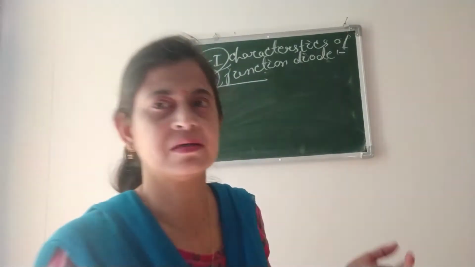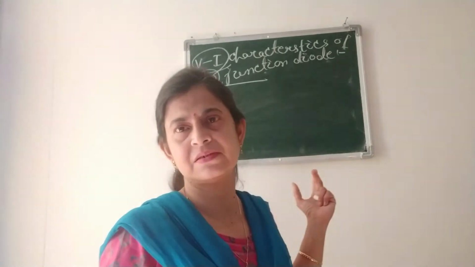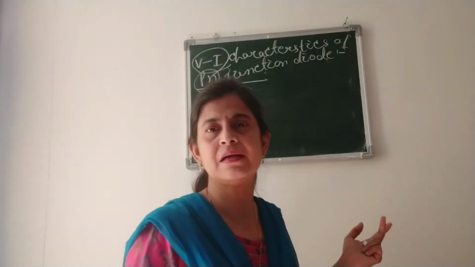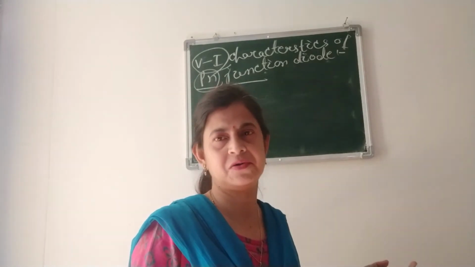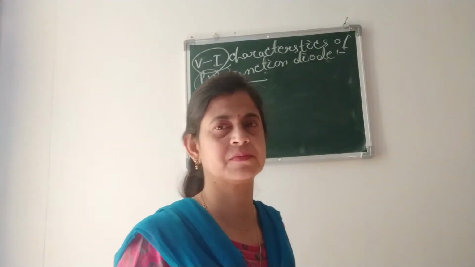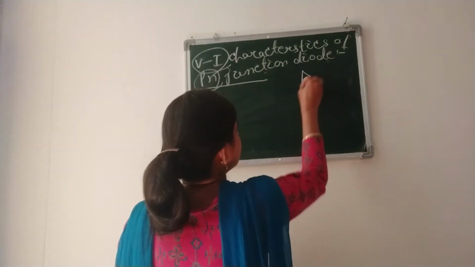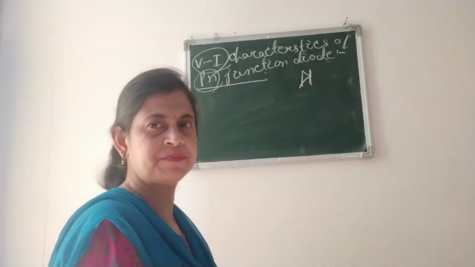In the last class, we already discussed how a PN junction diode is formed and what we mean by forward biasing and reverse biasing. So, this is the symbol of your PN junction diode.